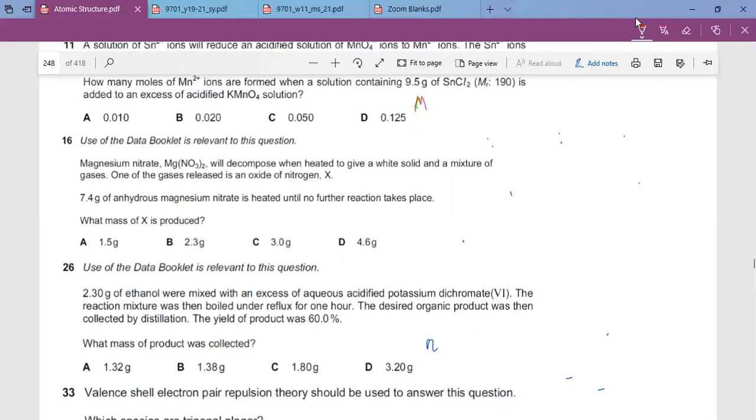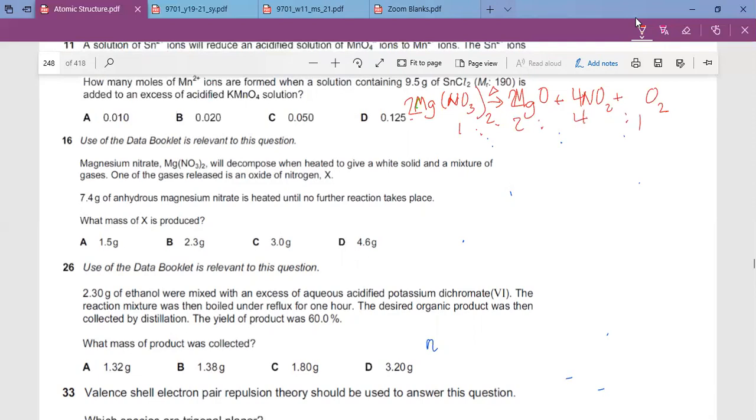Thermal decomposition of nitrate gives you 3 things when you heat: the oxide of the metal, plus the brown gas NO2, plus oxygen, which will rekindle a glowing splint. You can balance it yourself later: 2 here, 2 here, 4 here, and 1 here, because there are 4 nitrogen as well. 2 times 2 is 4, and it's 1 here.